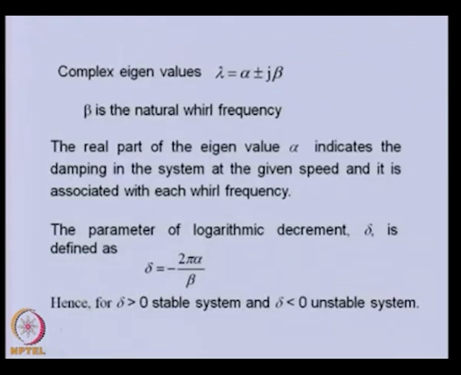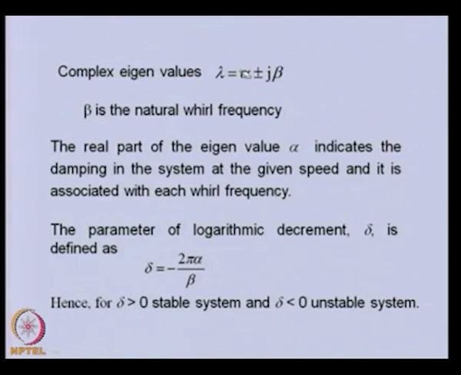So, the complex eigenvalue will be of this form, with both a real part and an imaginary part. The imaginary part corresponds to the natural whirl frequency. The real part will indicate the damping in the system at a given speed, and it is associated with each whirl frequency.